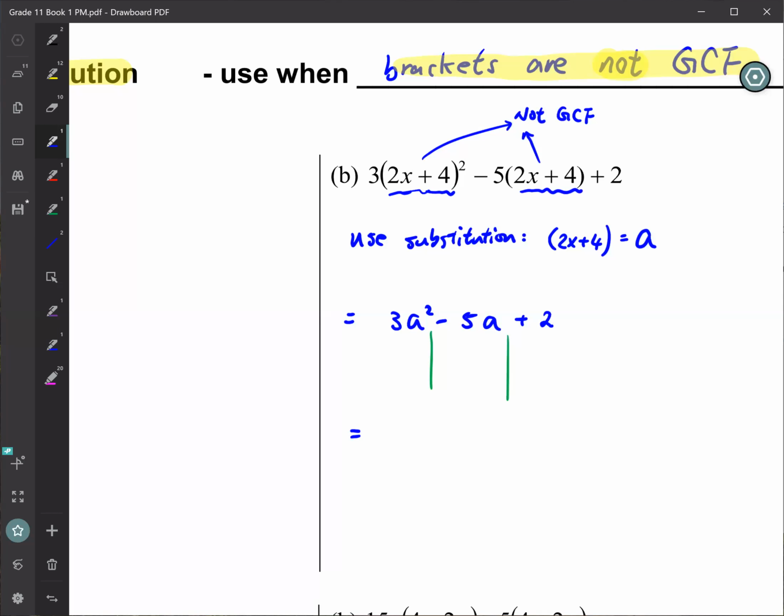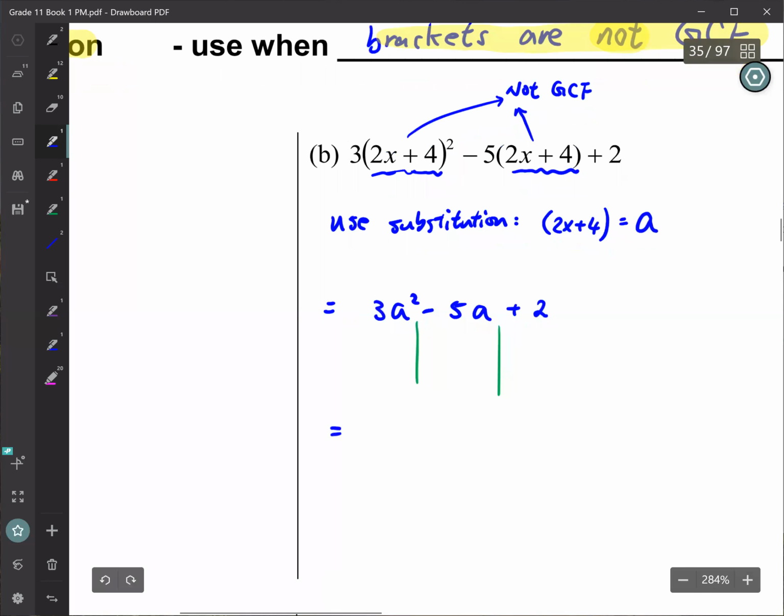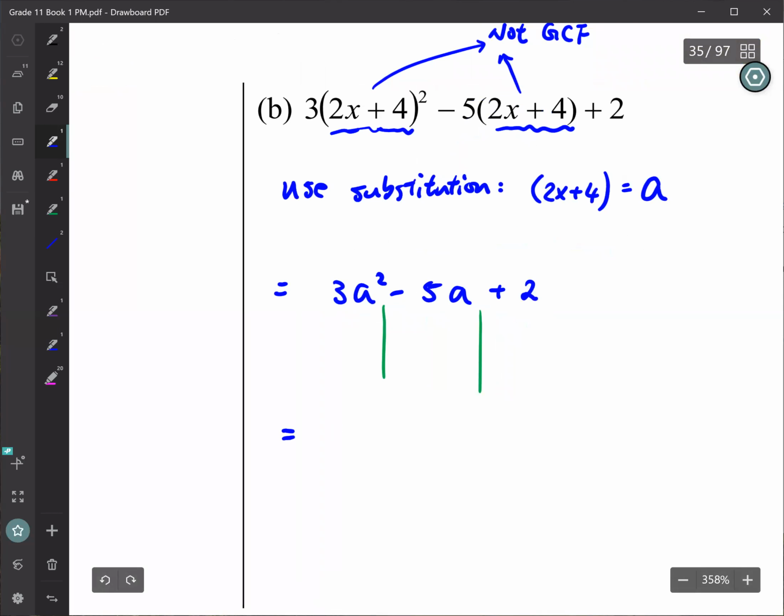Okay, Amanda, do you know how to factor this? I think I remember now. Okay, can you tell me how? Is it 3a and 2 on 1? 3a and a like that?